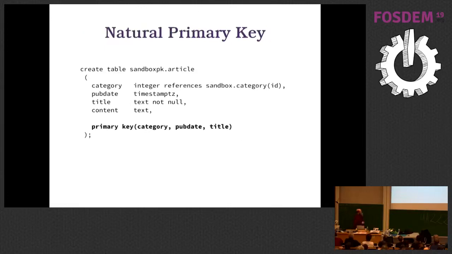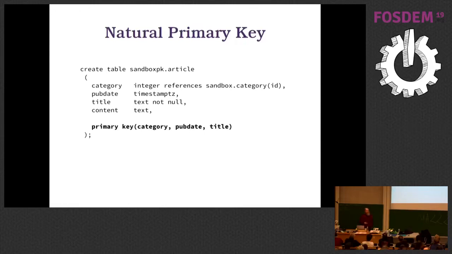So how do we fix it? Well, we want a natural primary key, and then we need to understand the business model a little more. So what I did here is primary key over the category, the publication date, and the title, which means that in the whole history of the news articles you're going to publish, you will never be allowed to reuse the title from the past.